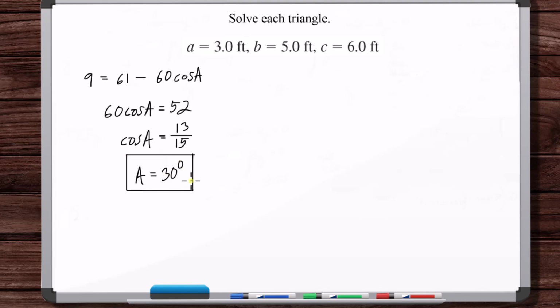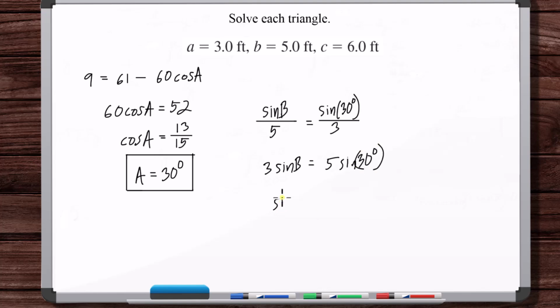All right. Now, of the remaining side lengths, B or C, which one's shorter? It's B, so sine of B over 5 is equal to sine of 30 over 3. So 3 sine of B is equal to 5 sine of 30. Sine of B is equal to 5/3 sine of 30.